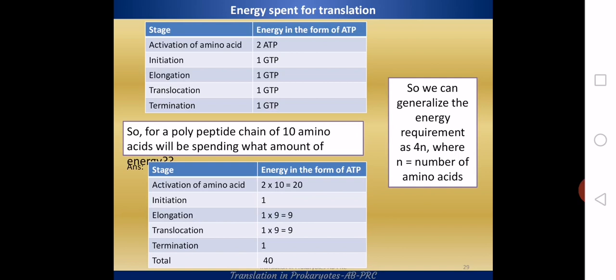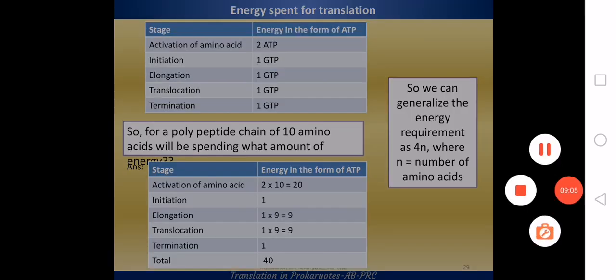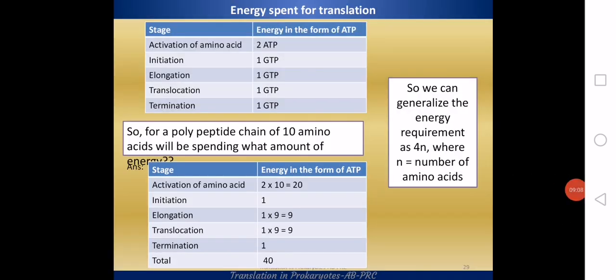So when you calculate the amount of energy required for a particular number of amino acids, you can calculate it. Right. For example, if you are taking a polypeptide chain of 10 amino acids, we'll have to spend 40 high energy compounds. That means we can generalize it as 4n, where n is the number of amino acids. So this is the energetics of translation.